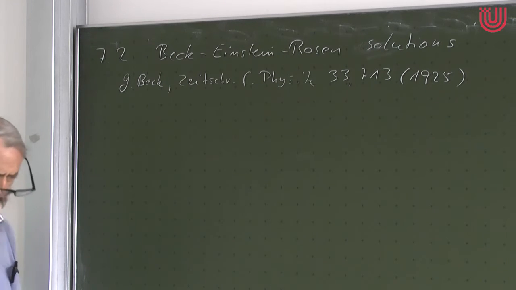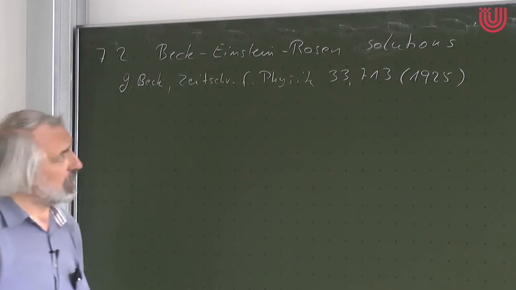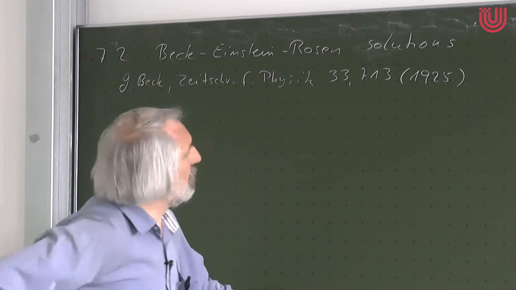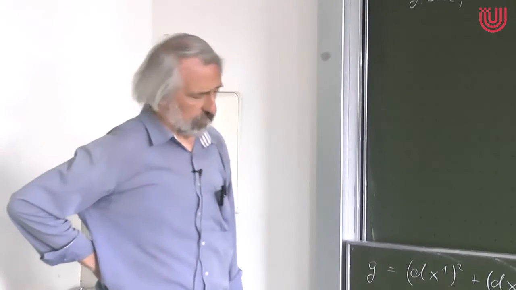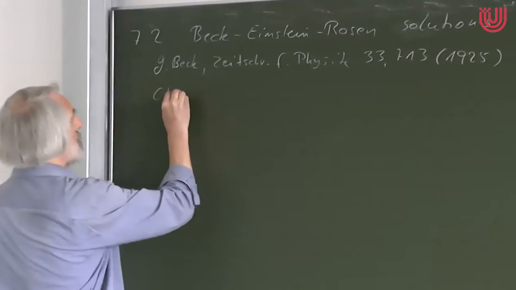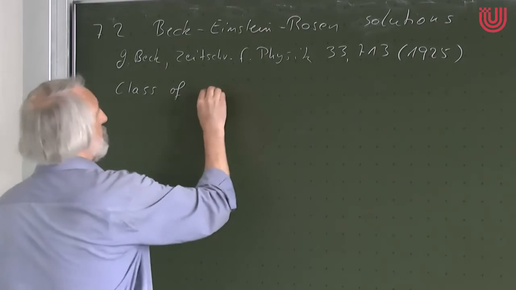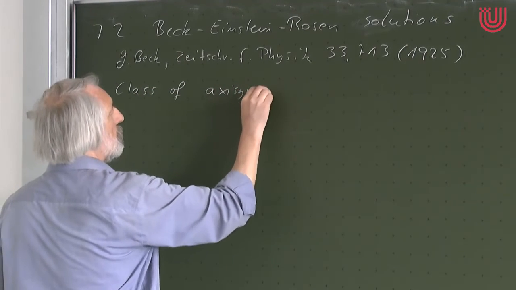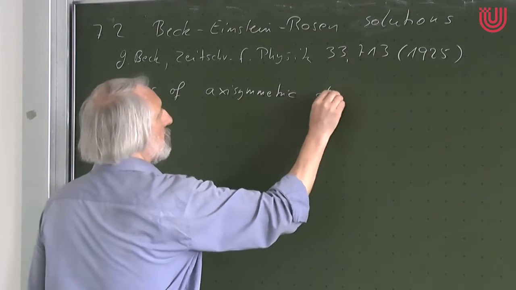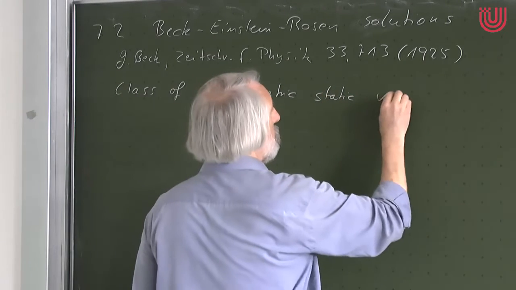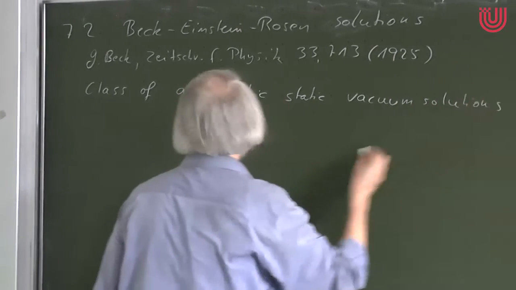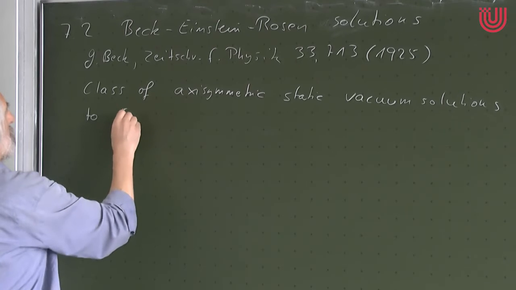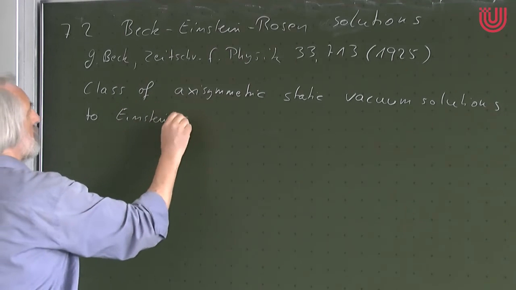What does Beck do? At this time, 1925, there was already, since a couple of years, a class of solutions to Einstein's field equation known, which had been found by Hermann Weyl, and this was the class of axisymmetric, static vacuum solutions to Einstein's field equation.